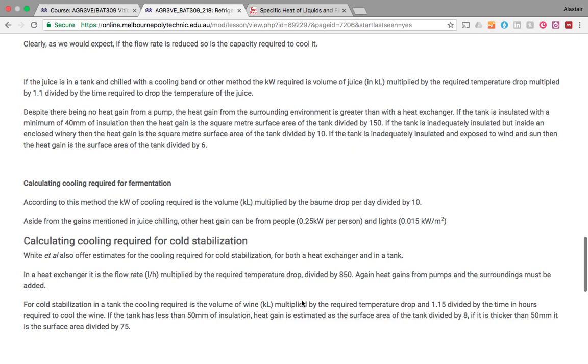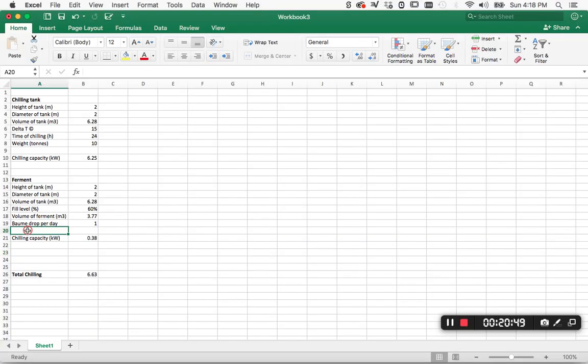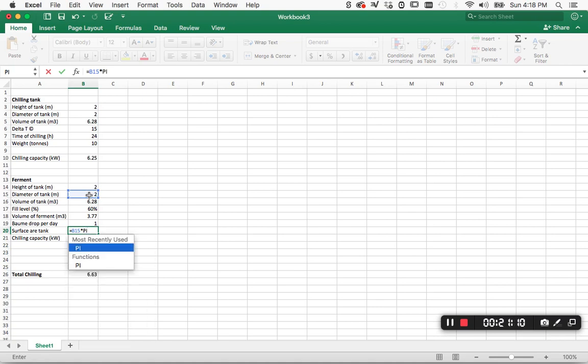Whew. So let's get the surface area of our tank. So we need the circumference of the base of this cylinder, which is 2 pi r. So the radius times 2 times pi. So it's the diameter times pi.